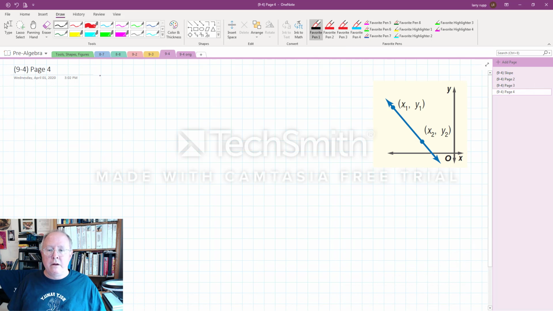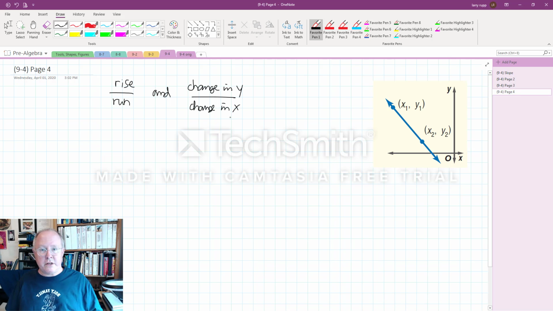Okay, so far you have found slope by looking at the actual rise of an object over its run, like the treadmill. And you've also found slope by looking at the change in y over the change in x. Okay, that was from the table, and also from 2 points on the line. Now, what we're going to do is give a general definition of slope given any 2 points that you've got on a line.